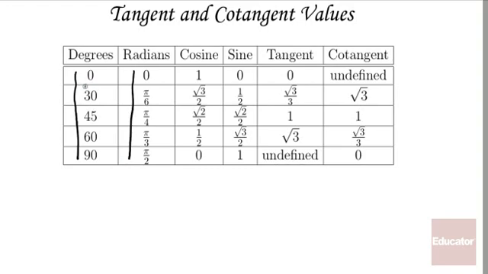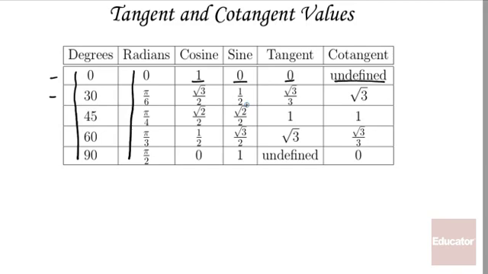So for 0 degrees, the cosine is 1 and the sine is 0. Tangent is sine over cosine, so that's 0 over 1, which gives you 0. Cotangent is cosine over sine, which would give you a division by 0, so that's why we say it's undefined. For 30 degrees, the same as pi over 6 radians, the cosine and sine are root 3 over 2 and 1 over 2.